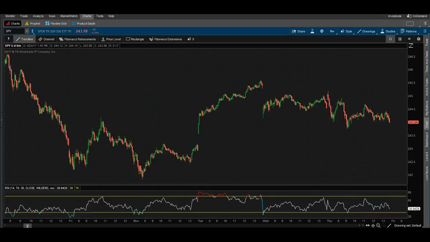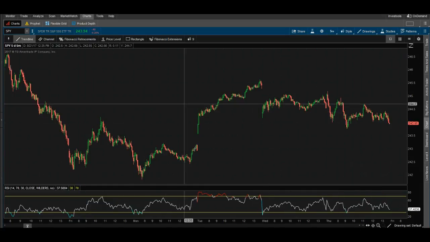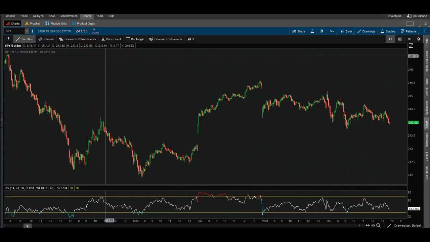Okay, so before, when I did rising wedges, I used the same chart. And I want to use the same chart for doing falling wedges because it's just a very good, clean chart for a lot of falling and rising wedges. So, what is a falling wedge?